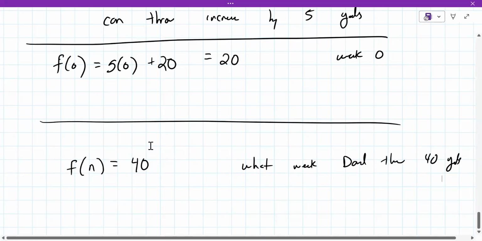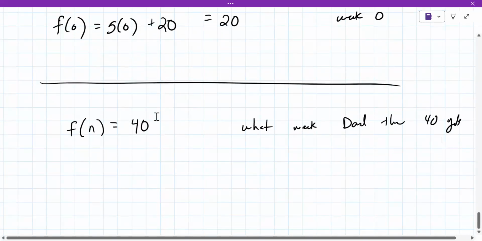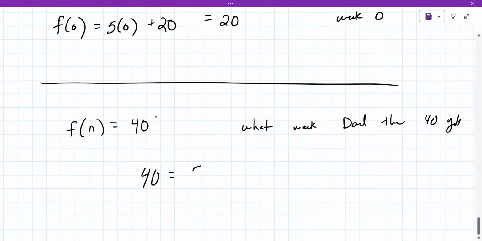Week 4. Yes. But to do that, you're supposed to set the equation equal to 40. Now it's okay if you can do it with mental math, but you've got to show some work. So what would you do to show work here?